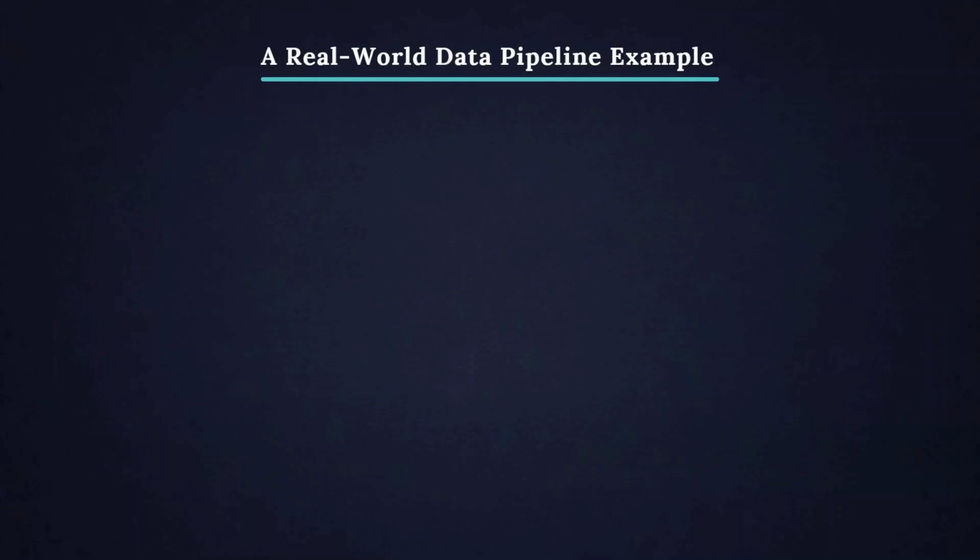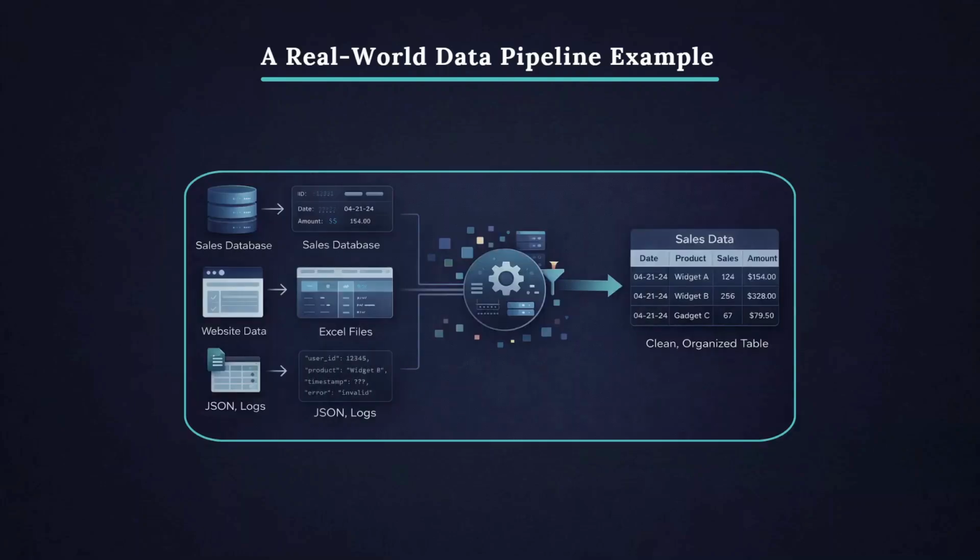Now let's look at a real world example of a data pipeline. Imagine a company that sells products online. They want to analyze their sales performance. But the sales data is coming from multiple places.